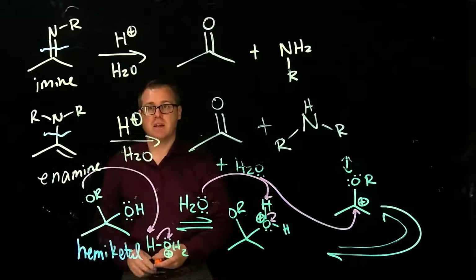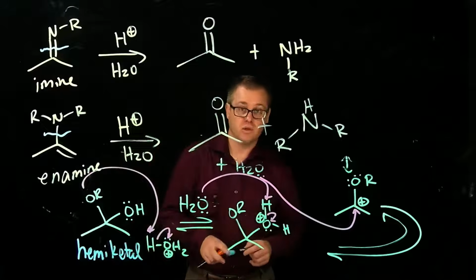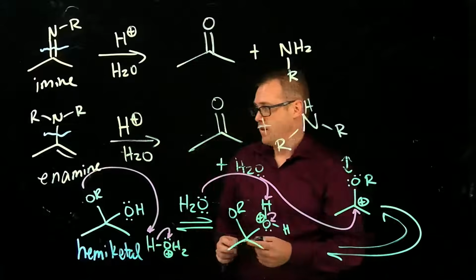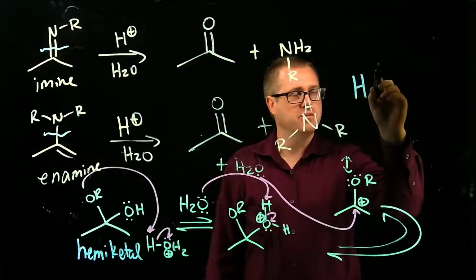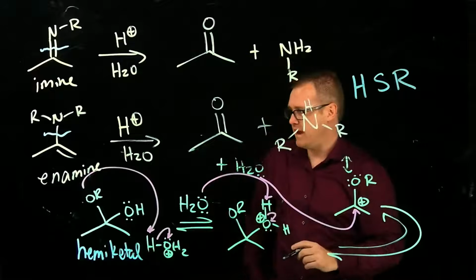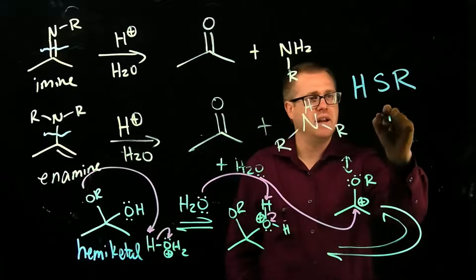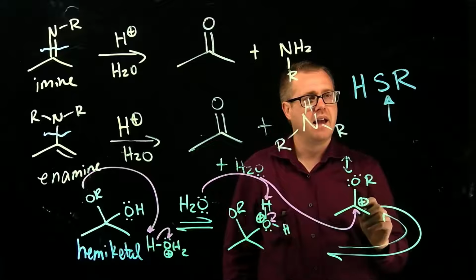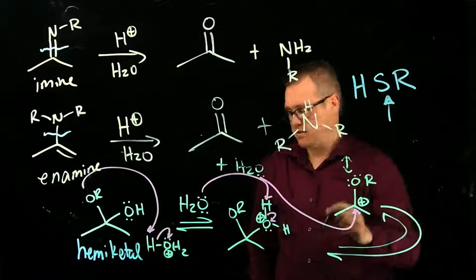So the next nucleophile that we're going to look at is sulfur-containing species. So if we have an HSR, something like that, that is a sulfur-containing species, and we call those sulfide or thio.